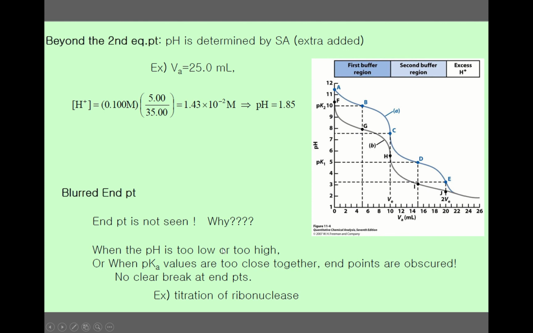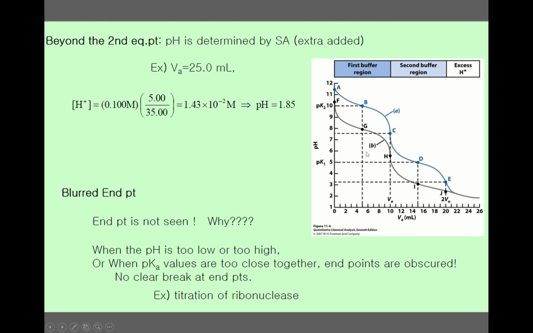First, the pH is too low or too high. Or when pKa values are too close together and the points are obscured, so no clear break at end points. Here, in this one, we can rather easily locate this end point because there is a big change in pH.